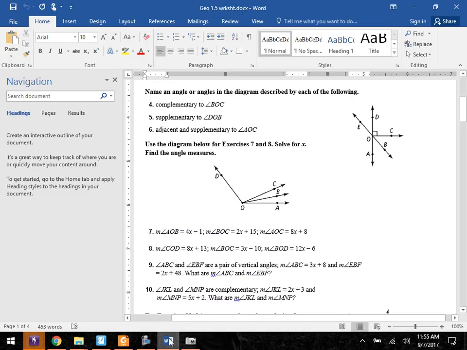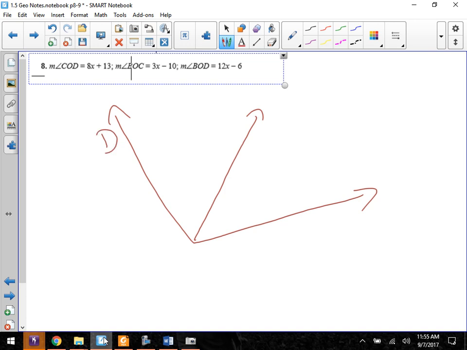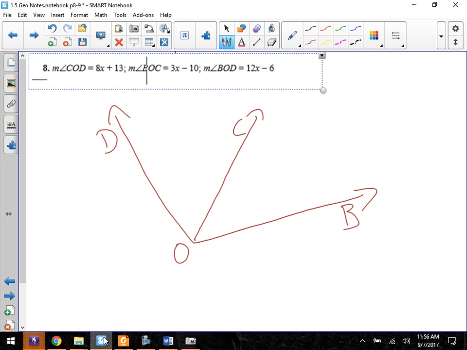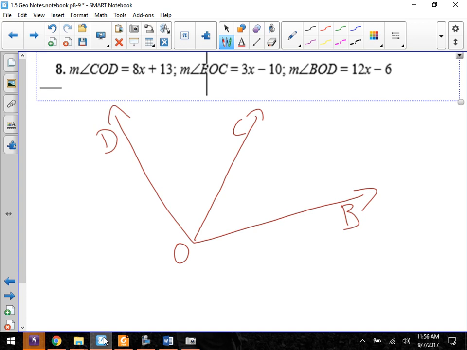DOC. This would be 8x when you set it up. All I'm doing is redrawing just the 3 angles that they're talking about. I'm drawing it larger so I can see it better. Does it say anywhere in the instructions that any of these angles are the same?